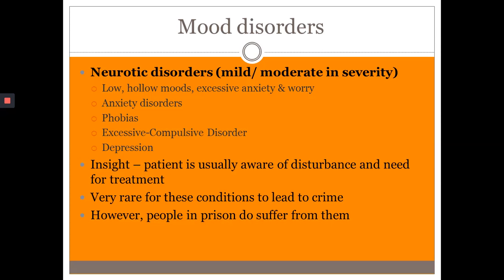Likewise, the depressed person knows that their depression is not a normal, healthy way to be thinking about the world, but they struggle to do anything about it, again, without assistance and help. So the key issue here is insight, because there are other forms of condition that we'll look at as we go along, where the absence of insight is a defining feature.